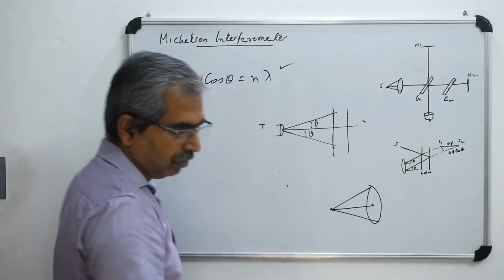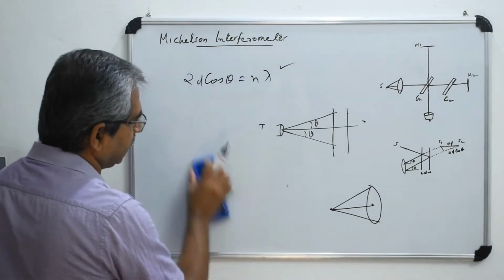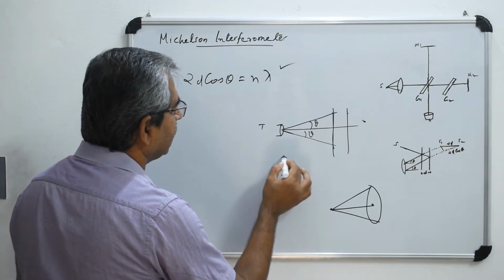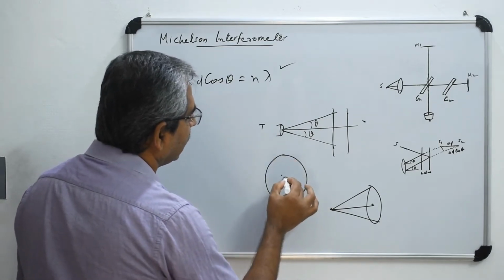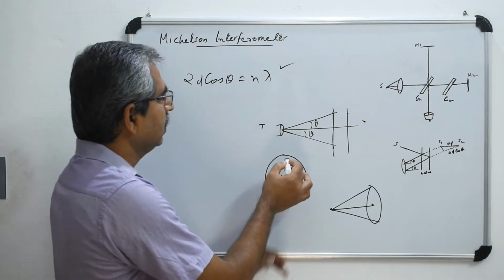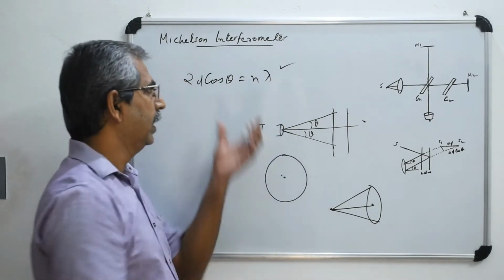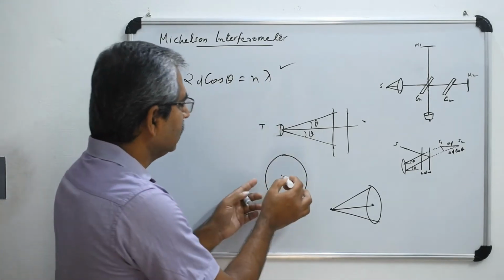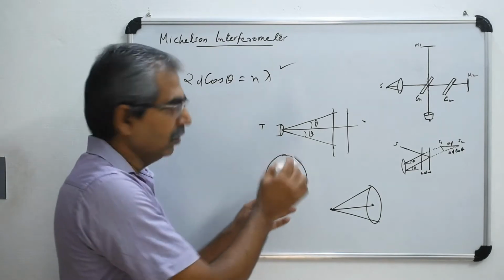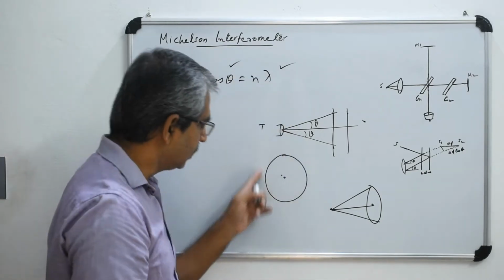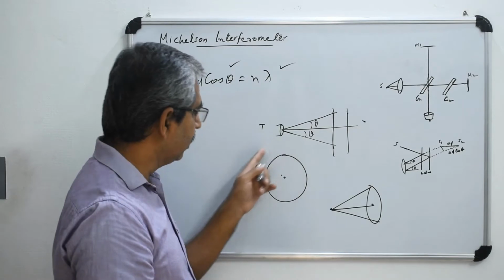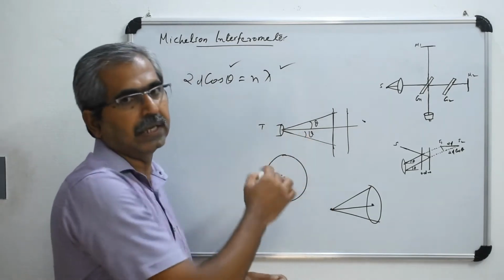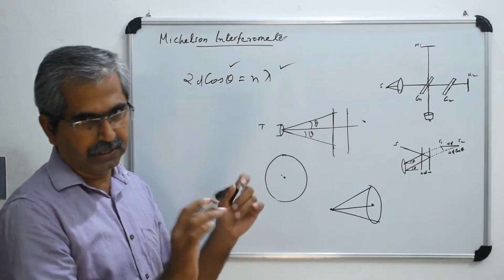So you can easily imagine: suppose at a certain angle theta the condition for the dark fringe, or destructive interference, is satisfied. With respect to the center, at every point where theta is the same, you have the same situation. So what you are observing will be a circle, that means a dark ring will be obtained.